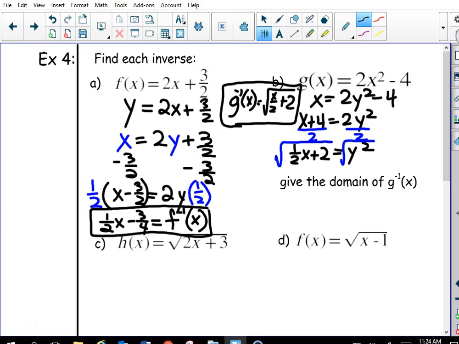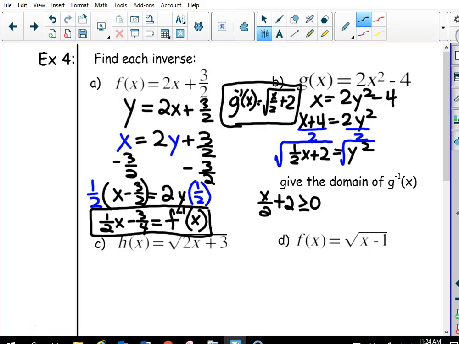So how do I do this? I'm going to take a look at where the restrictions are. So this is going to be restricted because we can't have a negative under a square root. So we're looking at where x over 2 plus 2 is greater than or equal to 0. That's how you write the square root in an inequality if you're trying to find out where the domain is.